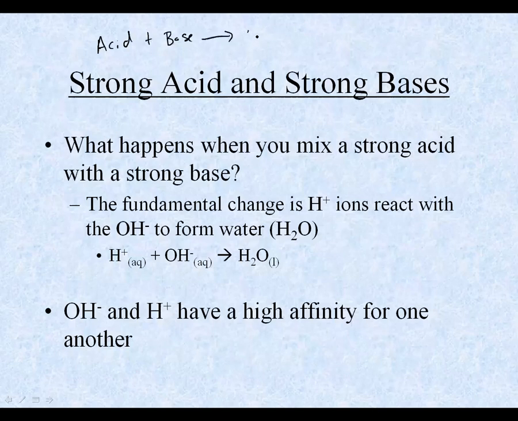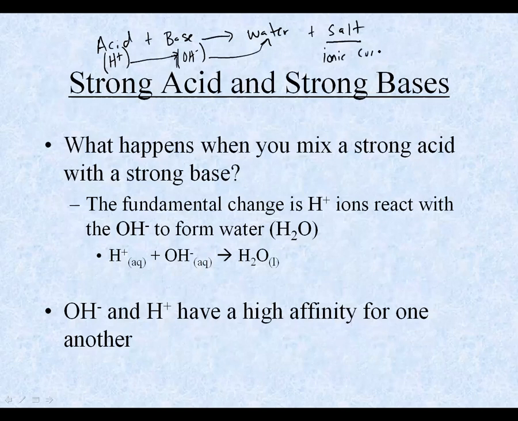You will produce water, and you will produce what is referred to as a salt. The water is going to come from the H plus from the acid and the OH minus from the base. That's essentially where our water will be generated from. The salt is really just an ionic compound, which means basically you have a positive and a negative ion together.